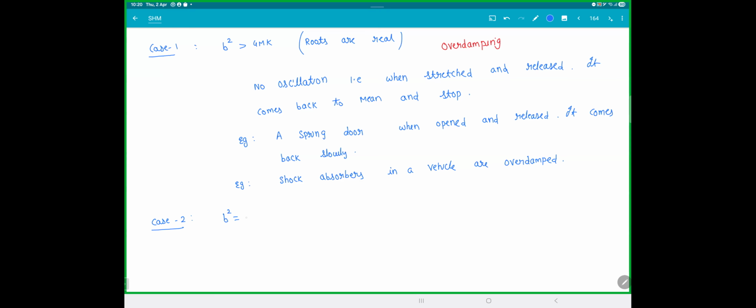So if you have b square is equal to 4mk, the roots are equal. So this is called critically damped. This behaves exactly like overdamped. The only difference, so here also there will be no oscillation. The difference is this: it will come back to the mean position in the least time.